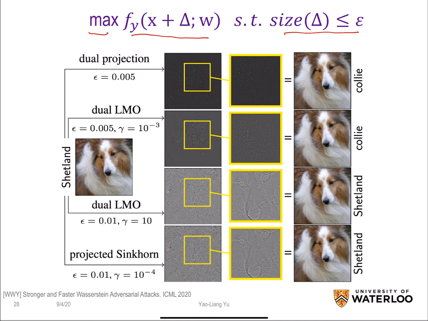And the important thing here is, remember, when you train a machine learning model, what you do is actually minimize this function by tuning w. x is fixed, there's no delta, and you're minimizing this function by tuning w. Now if you want to fool the network, because this is how the network was trained, you're going to do the opposite. You're going to perturb the input x by maximizing that function now.